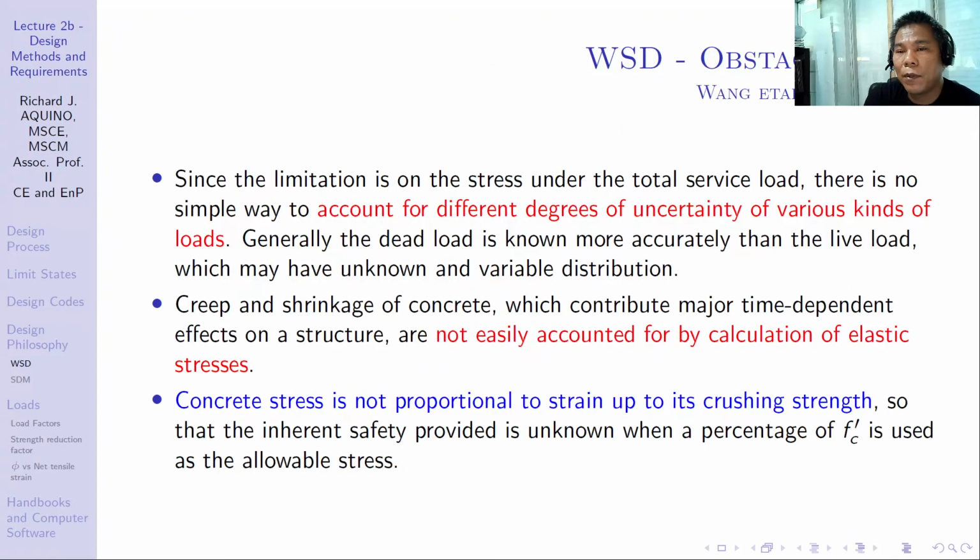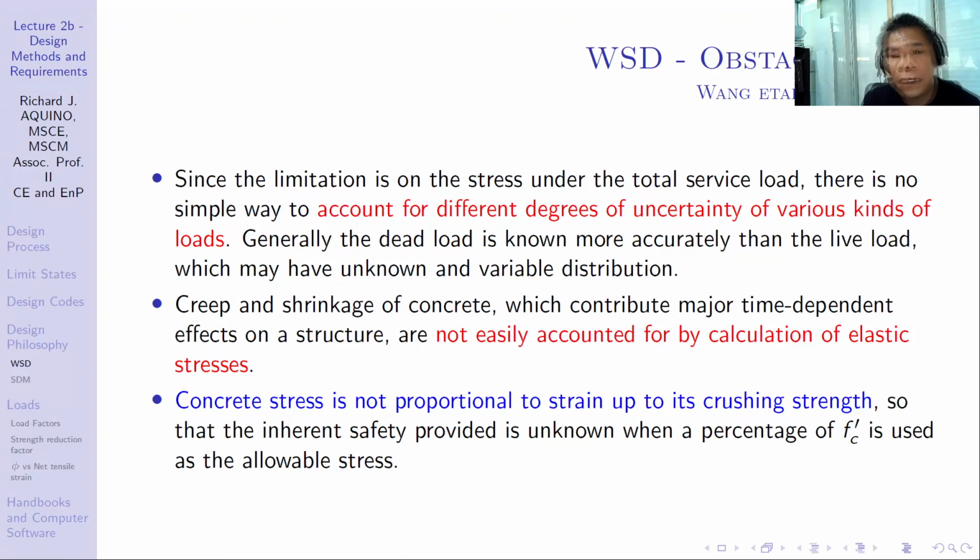In the WSD method, there are obstacles that we have to face since the limitation is on the stress under the total service load. There is no simple way to account for the different degrees of uncertainty of various kinds of loads. Generally, the dead load is known more accurately than the live load, which may have an unknown and variable distribution.